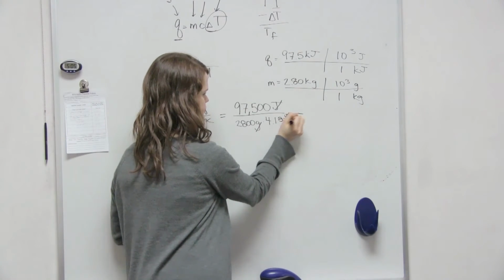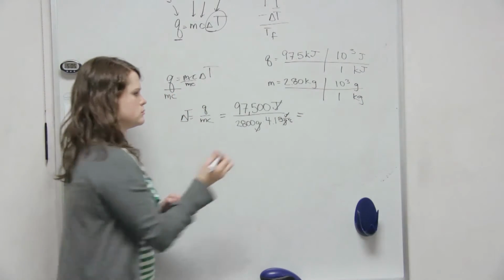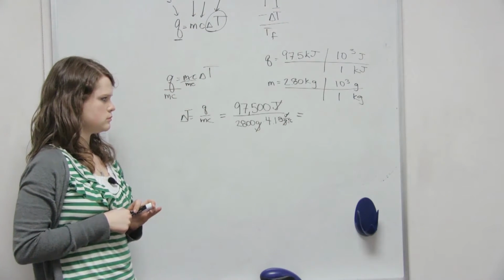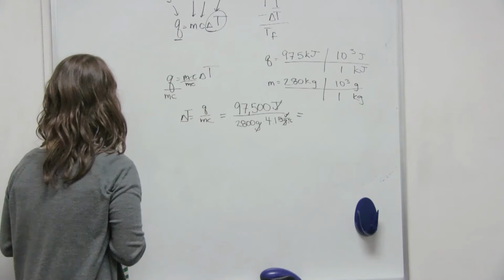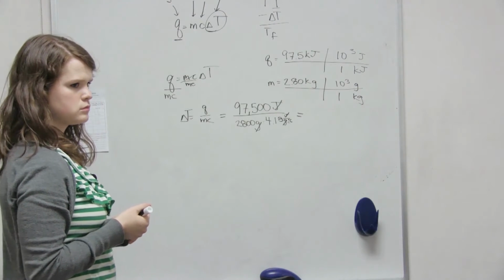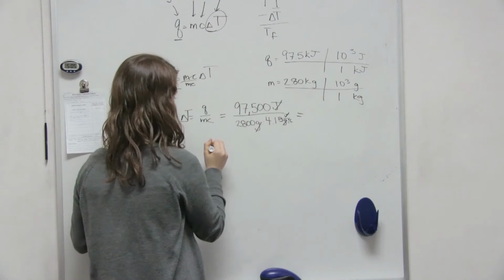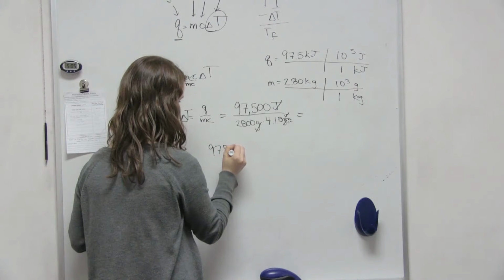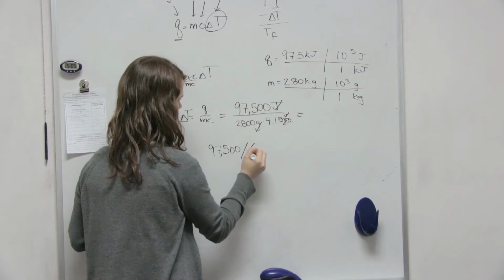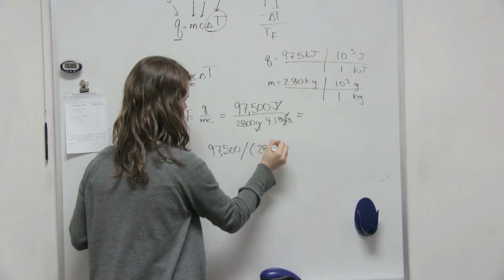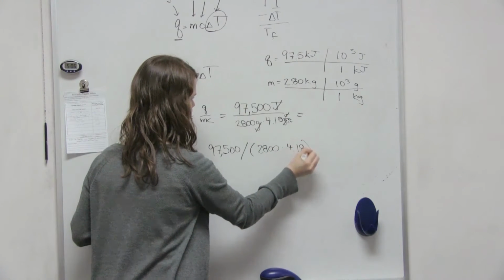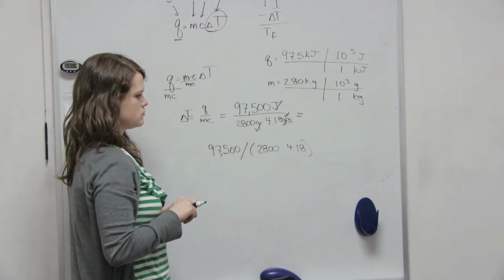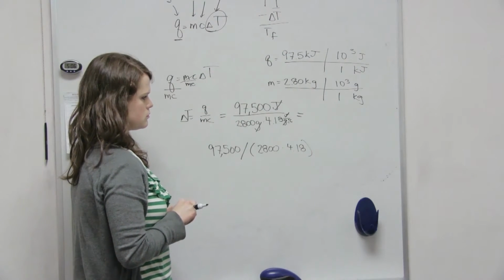So you do 97,500 divided by, do I make 2 parentheses to do the bottom, or just 1? 2,800 times 4.18.